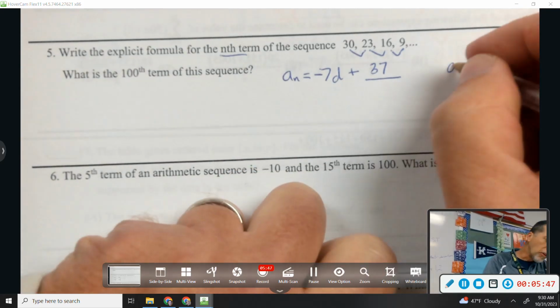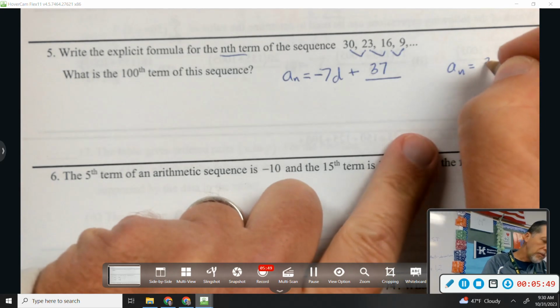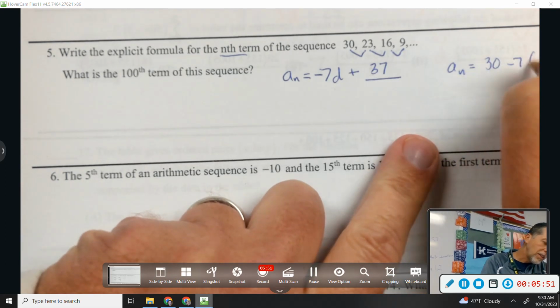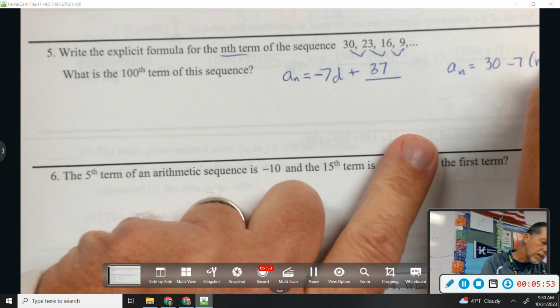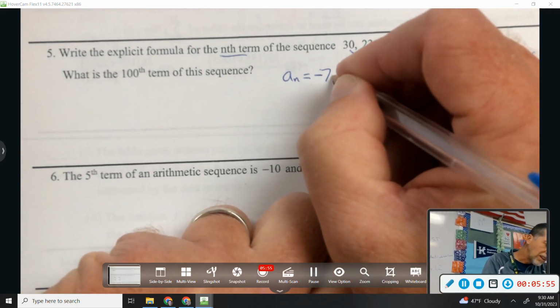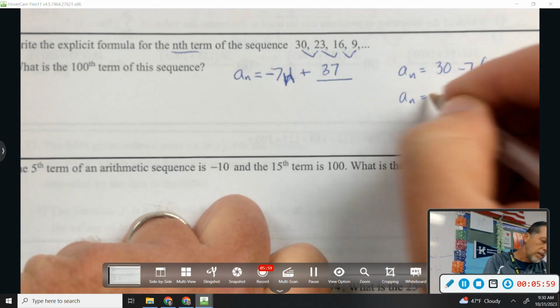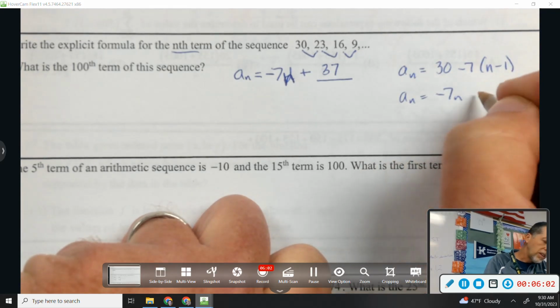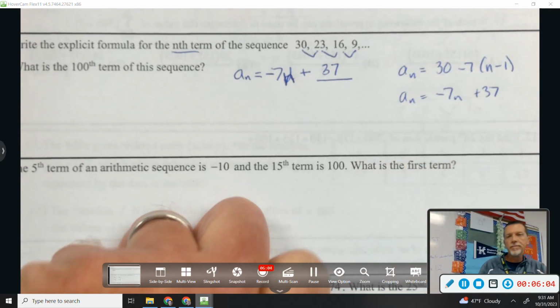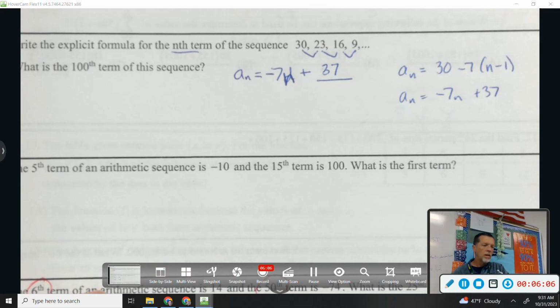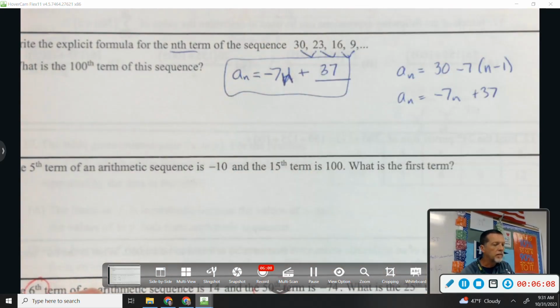If you're going the more formulaic route, first term minus 7 times n minus 1. Whoops, that should be 7n. Negative 7n. And that turns into negative 7n plus 37. Either way. But I prefer the figure-it-out method rather than memorizing another formula.